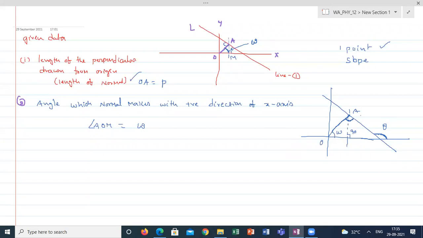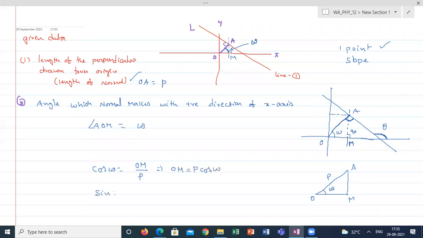Students, first find the coordinates of A with the help of the right angle triangle. This is M. Find the length of OM and AM, then I will get the point A. So this is my triangle, and this distance is P. O, A, M. This is omega. With the help of trigonometry, cos omega is equal to OM by P, so OM is equal to P cos omega.